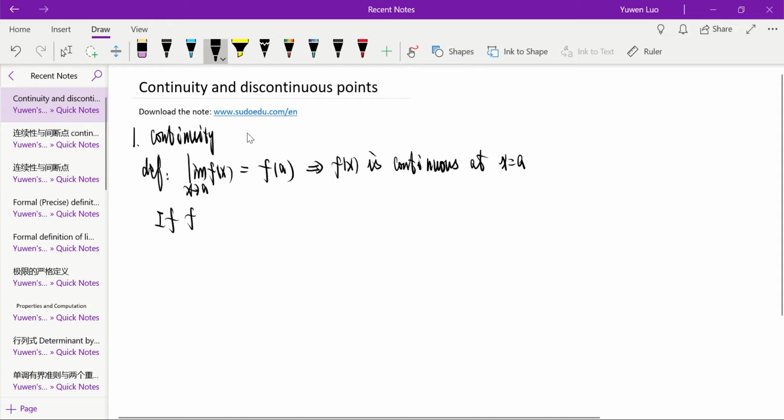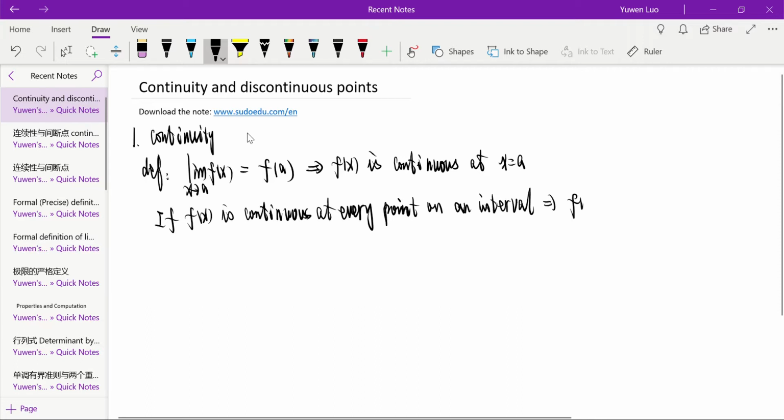And if f(x) is continuous at every point on the interval, then we say that f(x) is continuous on that interval.